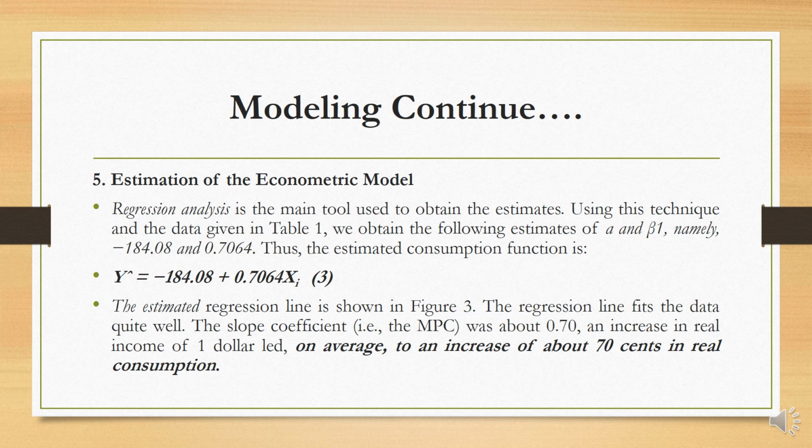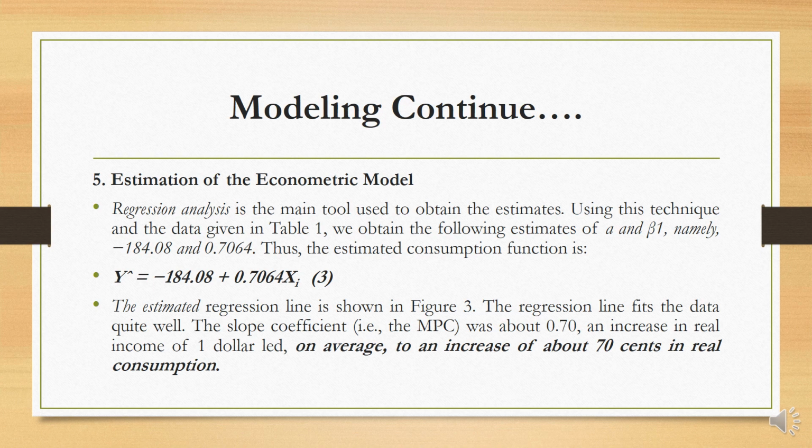Using this technique and the data given in table 1, we obtain the following estimates of alpha and beta, namely minus 184.08 and 0.7064. Thus, the estimated consumption function is y hat is equal to minus 184.08 plus 0.7064 xi.